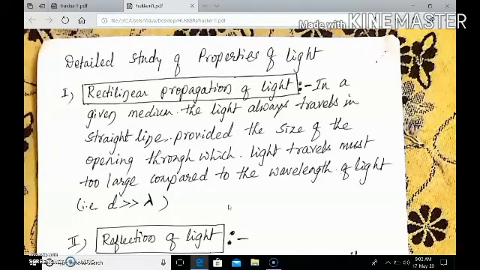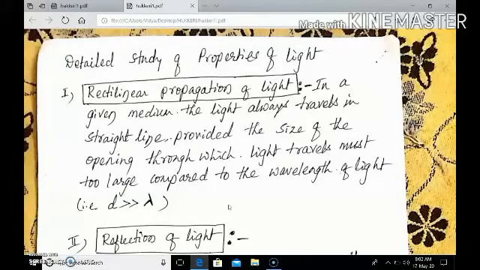So the first property of light, that is rectilinear propagation of light. In a given medium, say vacuum, or air or water or glass, the light always travels in a straight line, provided the size of the opening through which light travels is large compared to the wavelength of light.